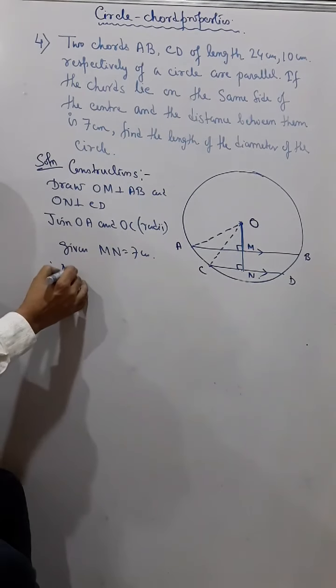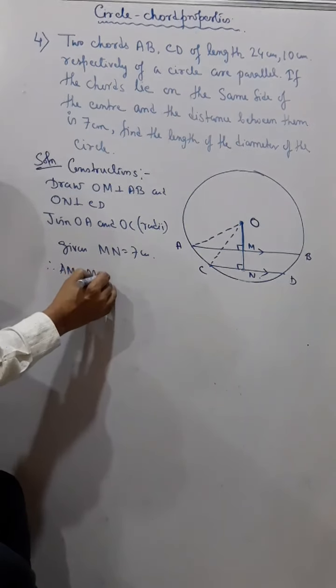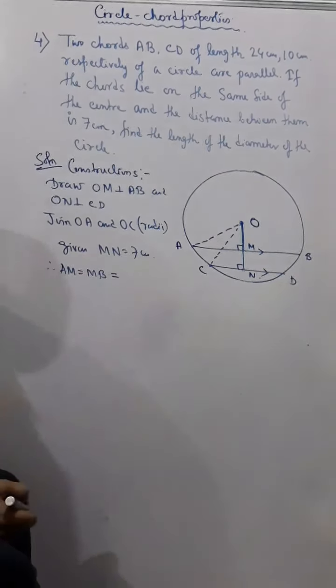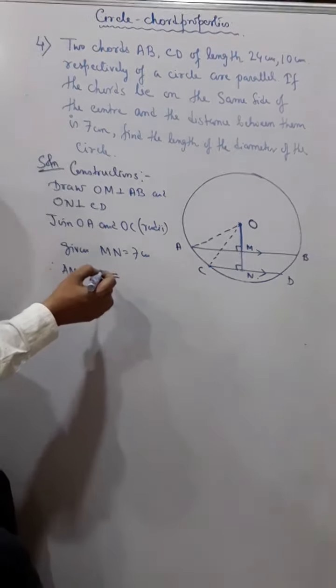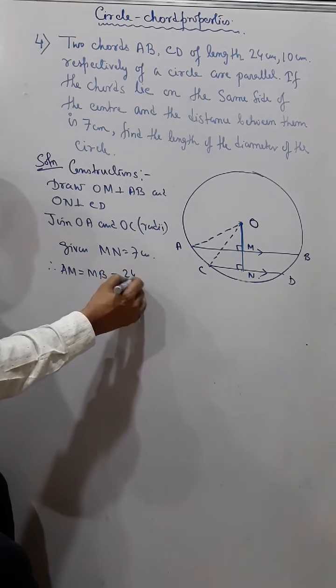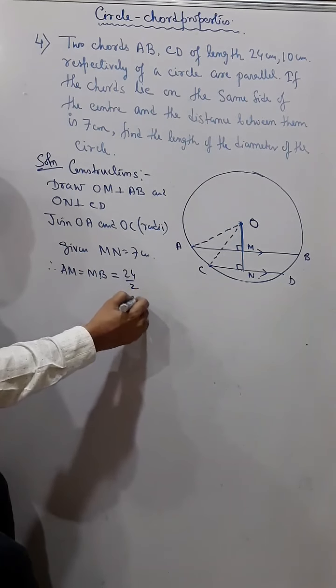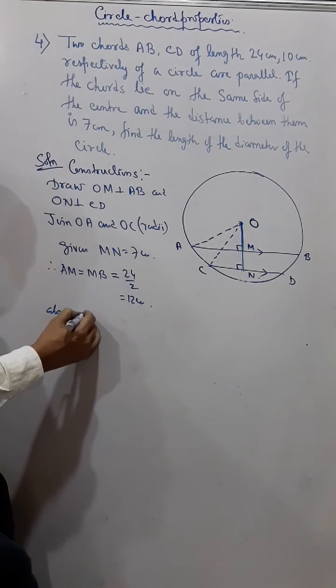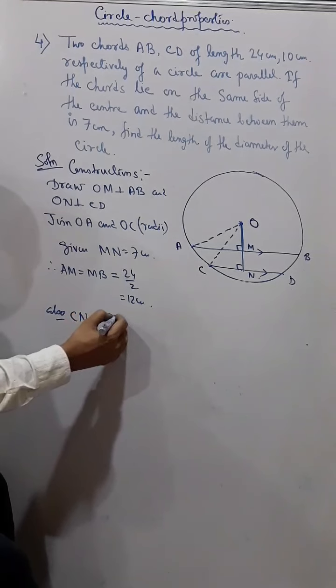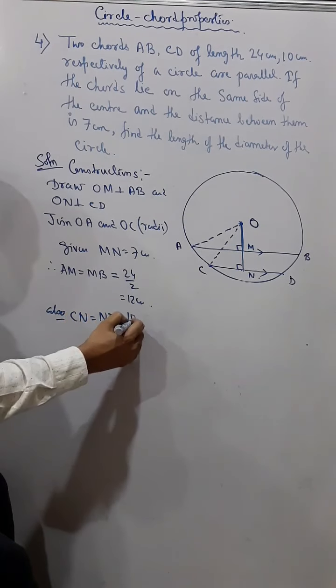We can also say that AM is equal to MB, or directly AM equals MB, we can see it is 24/2. And also CN equals ND is equal to 10/2.